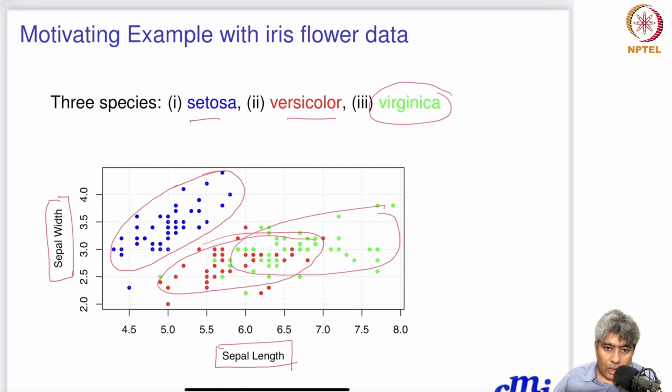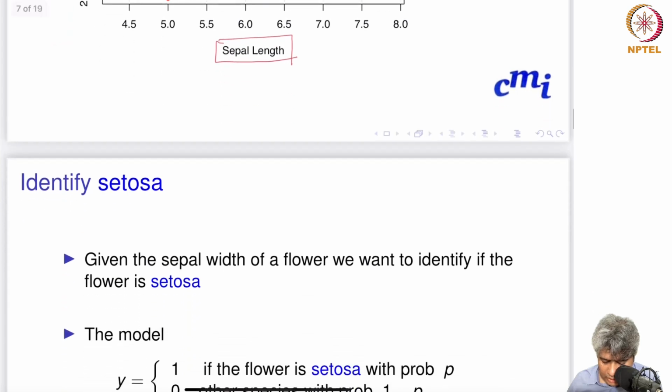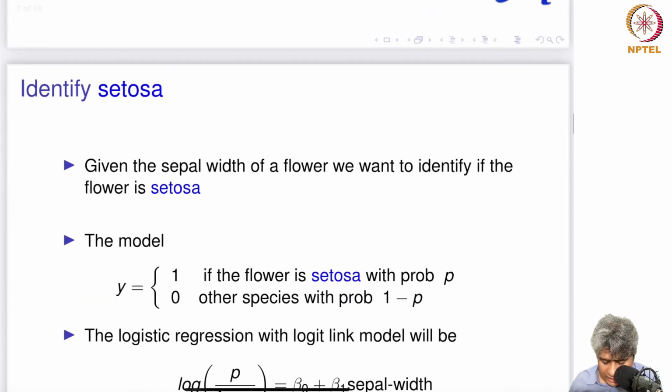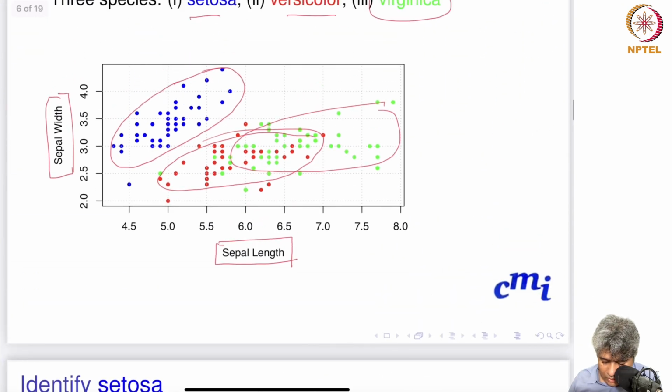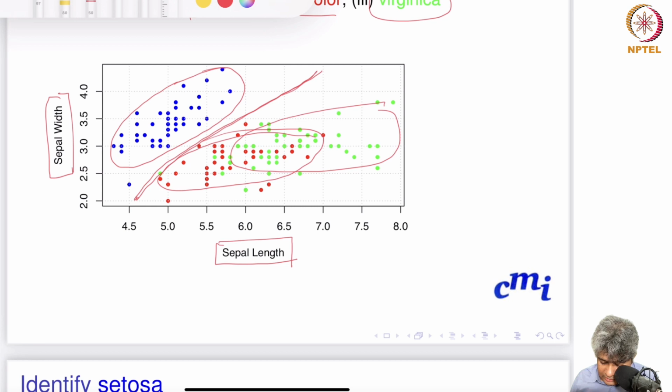So we see a reasonable overlap between virginica and versicolor. The question is identifying setosa. Why? Because if we can create a boundary here, essentially logistic regression will create a boundary like this.